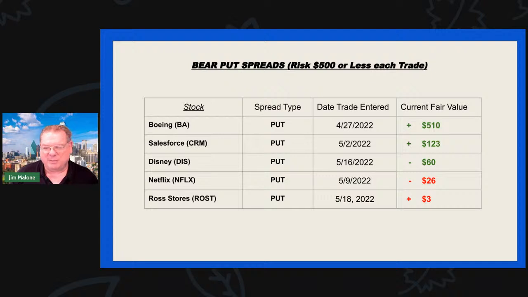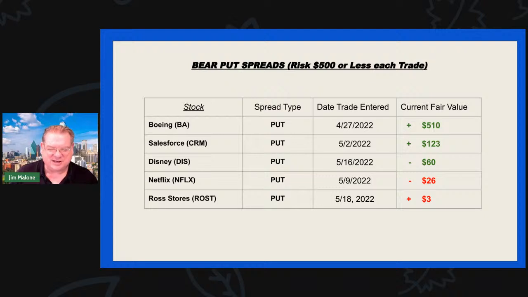For Boeing, we're up about $510. For Salesforce, we're up on this bear put spread about $123. Disney up about $60. Why? Because as these stocks move lower, the value of these trades moves up. I'm down a little bit on Netflix of $26, but that is also starting to deteriorate as well.